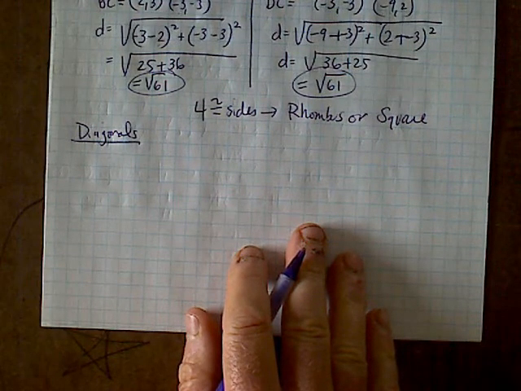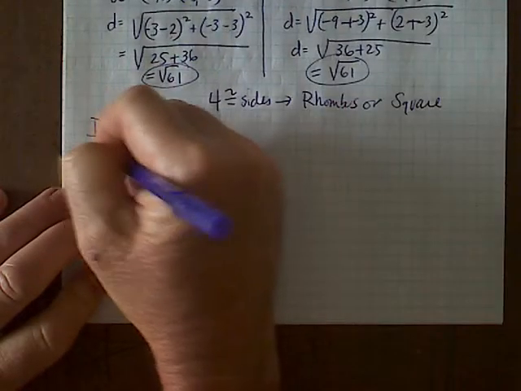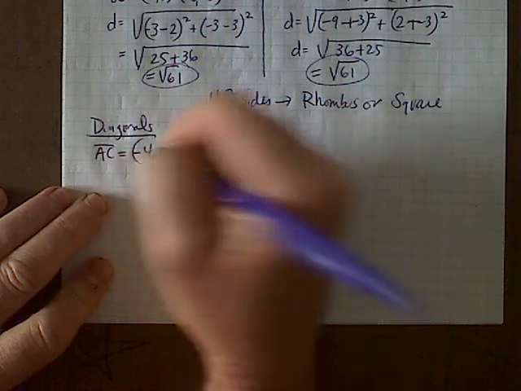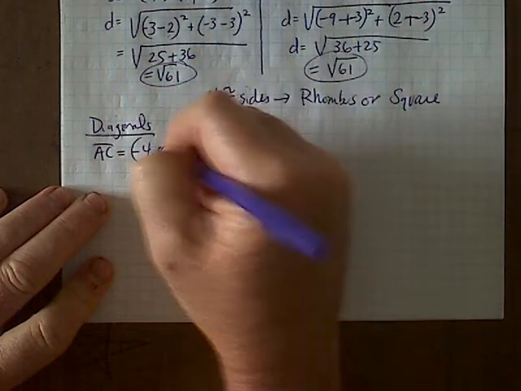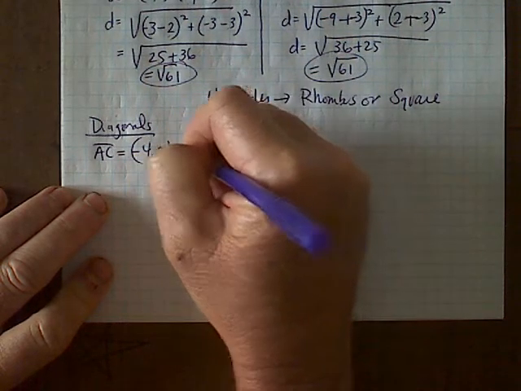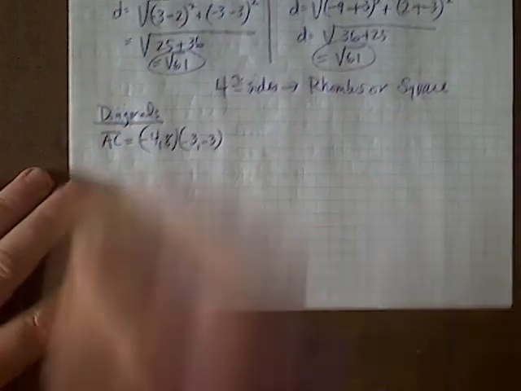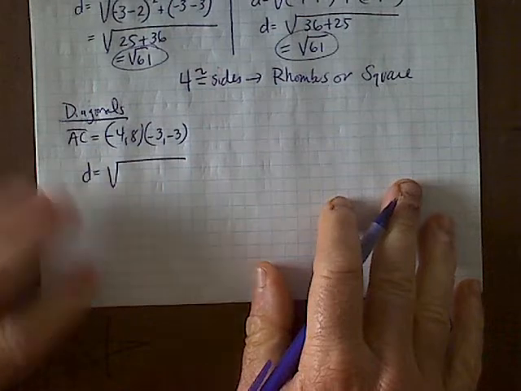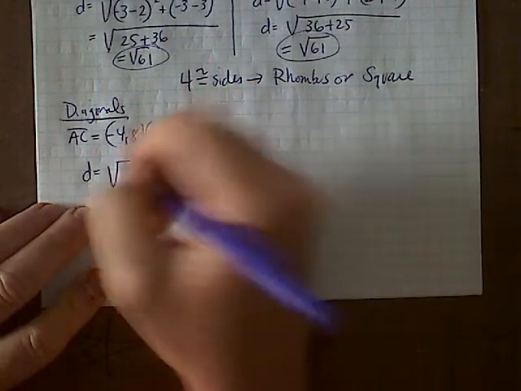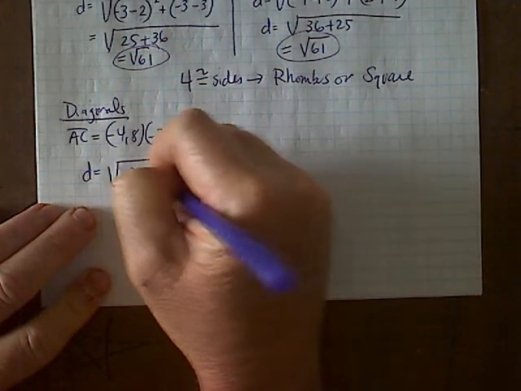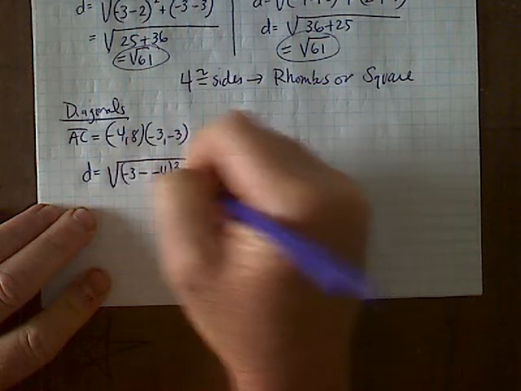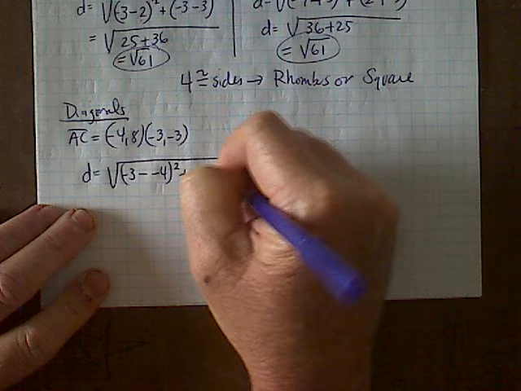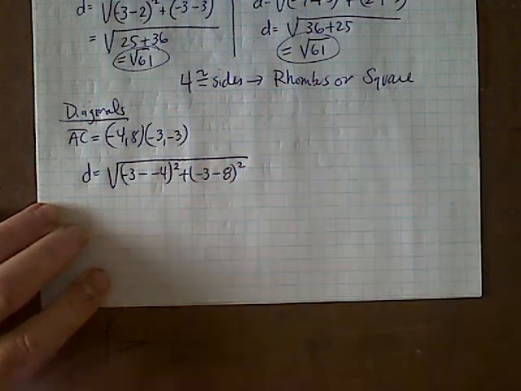So the diagonals, AC, is going to be the point negative 4, comma 8, and negative 3, comma negative 3. So let's find the distance of that diagonal. So that's going to be the big square root of x2 minus x1 squared plus y2 minus y1 squared.